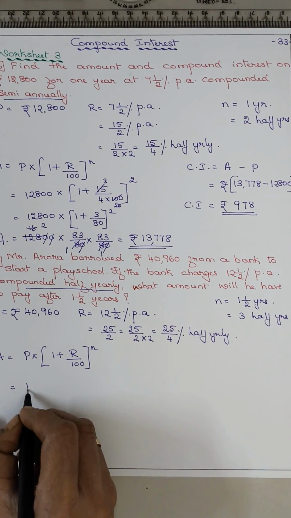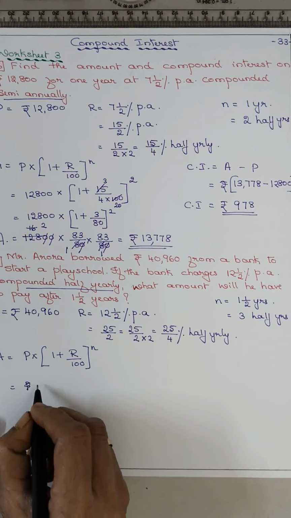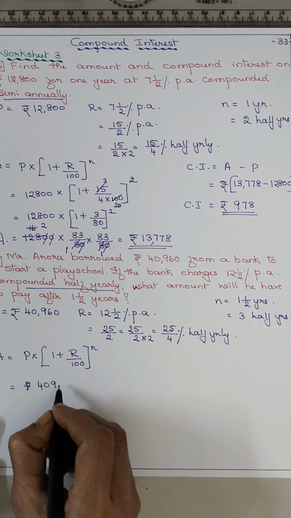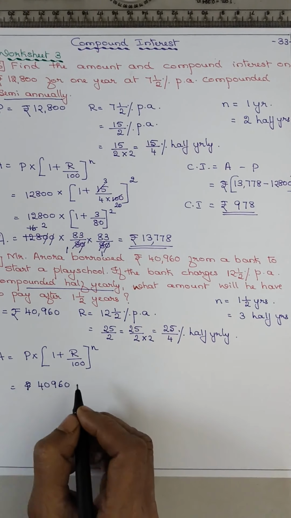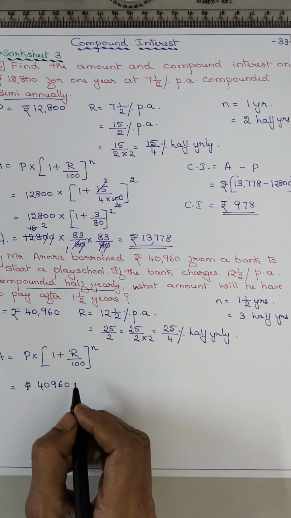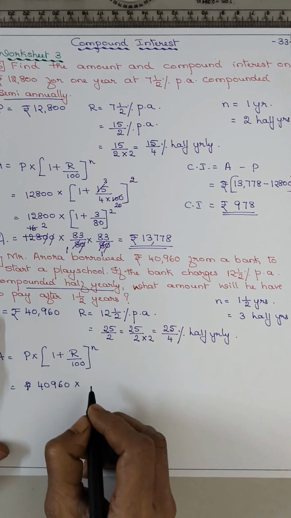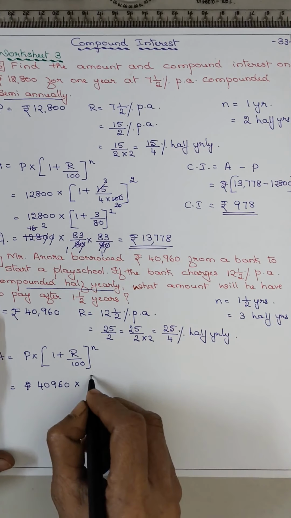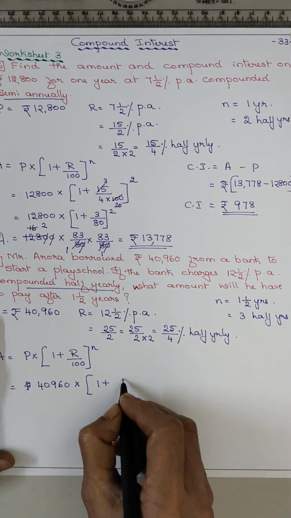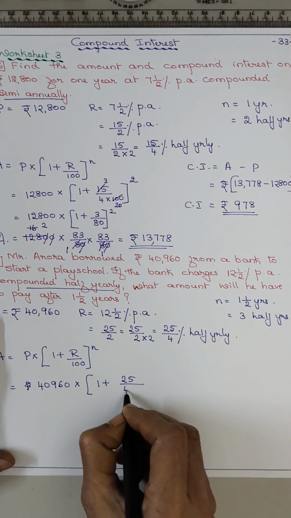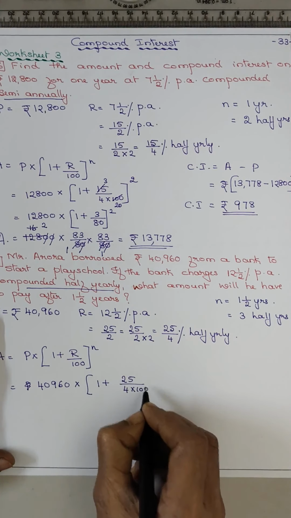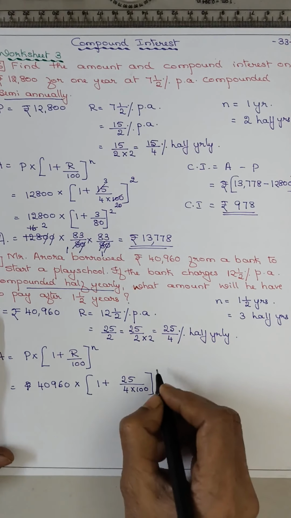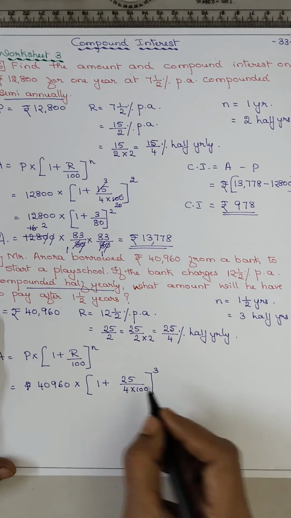So P is how much? 40,960 into 1 plus R, 25 upon 4 into 100 in the denominator, the whole raised to 3.